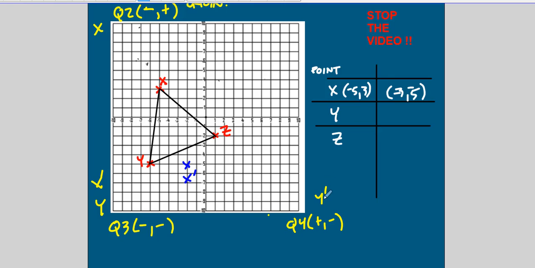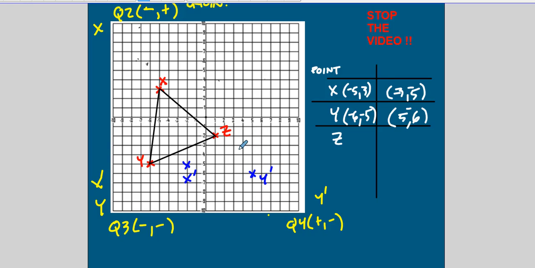The coordinates of Y are -6, -5. So we swap the coordinates, and in the fourth quadrant, x is positive, y is negative. So Y prime is going to have coordinates 5, -6. So that's Y prime right there.